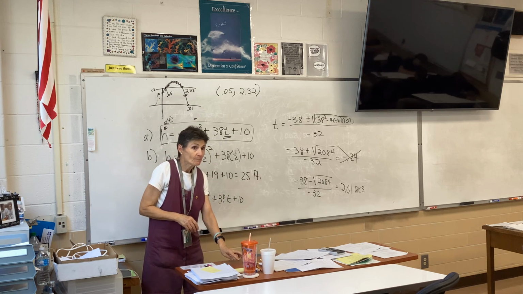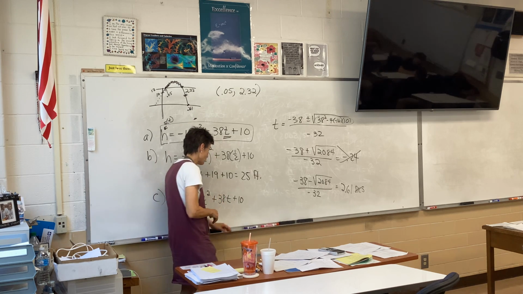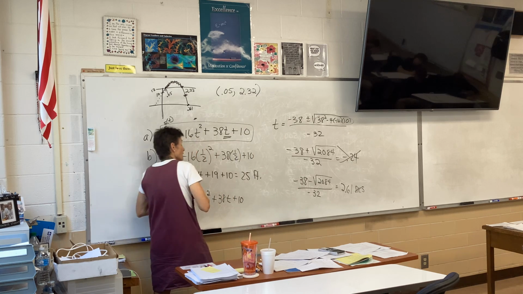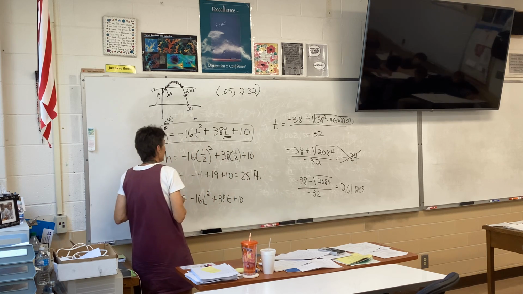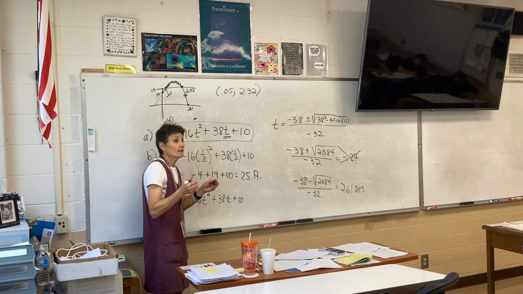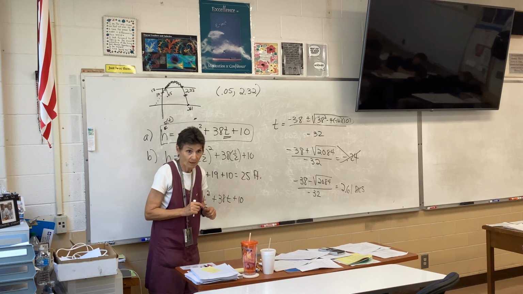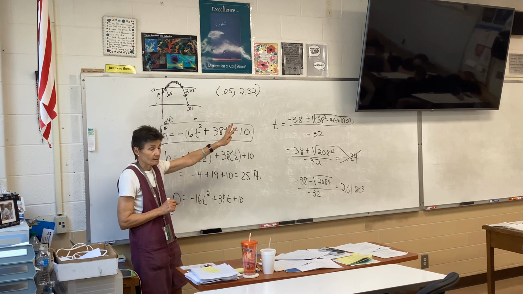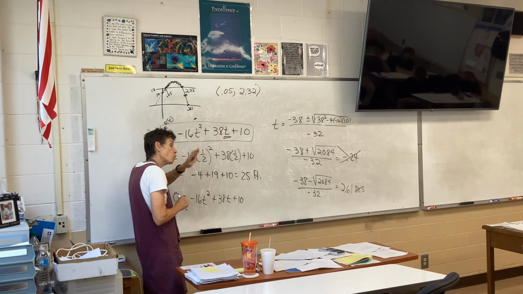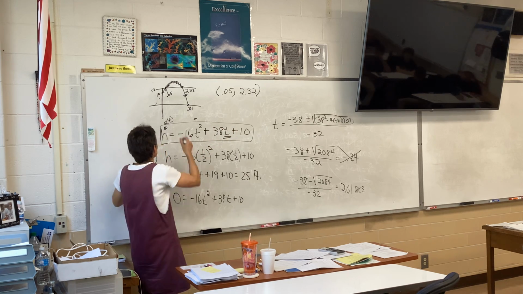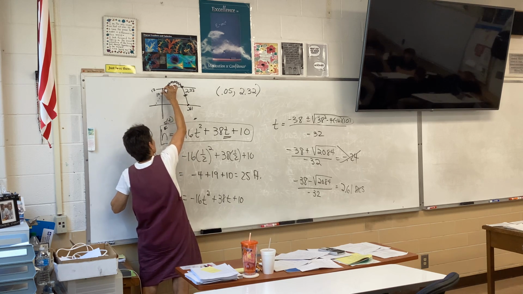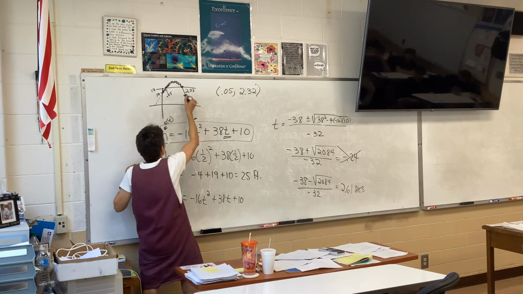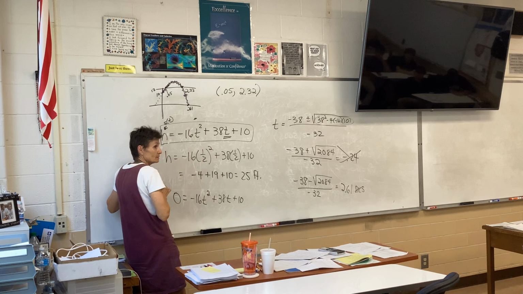We okay with that? Now, Charlie's question was, but the homework problem said, when is the ball less than 12 feet above the ground? Everything we've done here is important. If the ball is less than 12 feet above the ground, wouldn't I be looking at this part right here and this part right here?